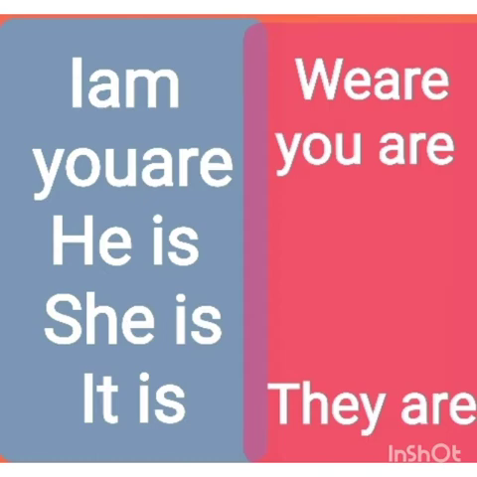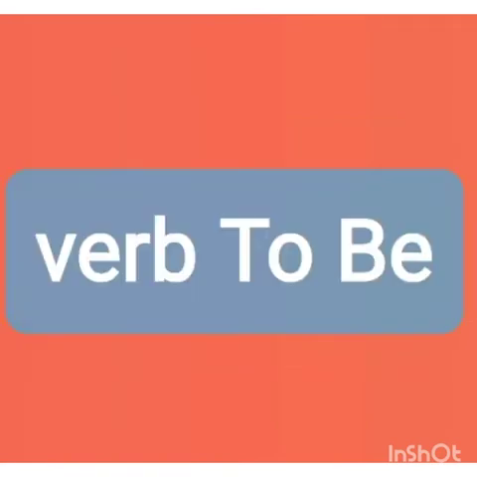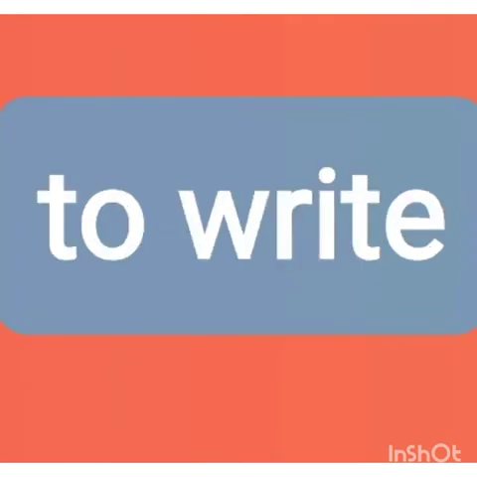The next step is to add the given verb to the verb to be. If the given verb is to write, then add write to the verb to be.